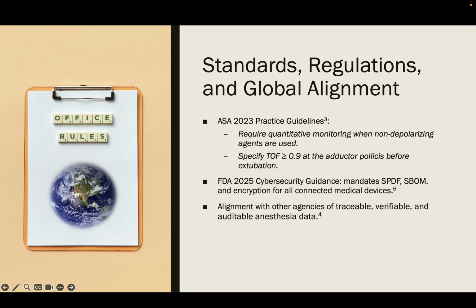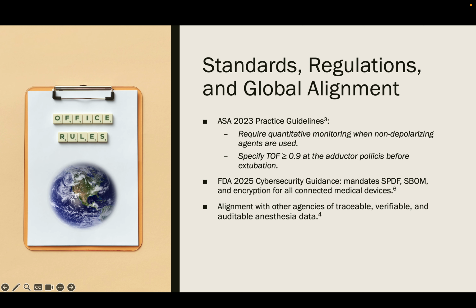The ASA sets practice guidelines and it establishes quantitative neuromuscular monitoring as a standard of care, requiring verification of a train of 4 ratio greater than or equal to 0.9 before extubation to prevent residual paralysis.